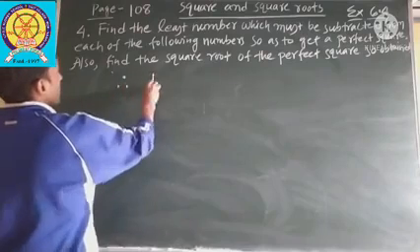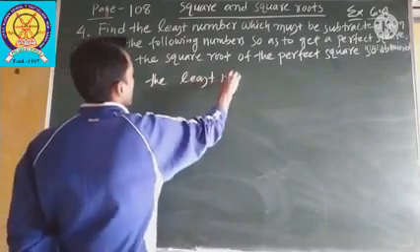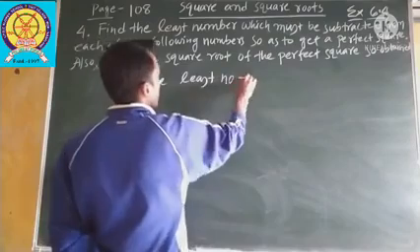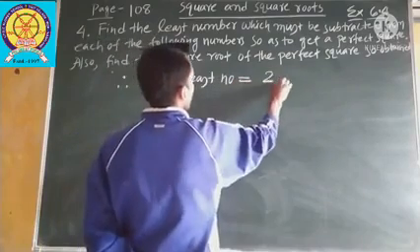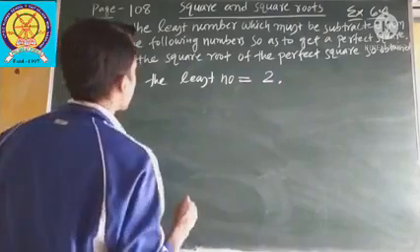Therefore, the least number we get is 2. The remainder will be the least number.